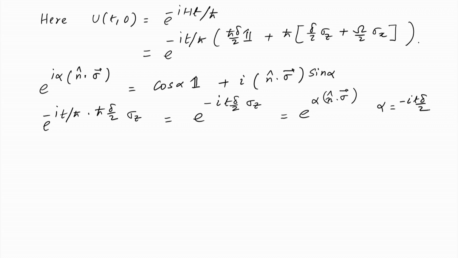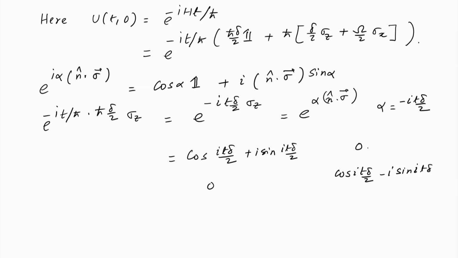So, that can be written as cos of t delta by 2 plus i sin of t delta by 2, and there is a 0, and then there is a 0, and then there is cos of t delta by 2 minus i sin of t delta by 2, or there could be a sign change here.